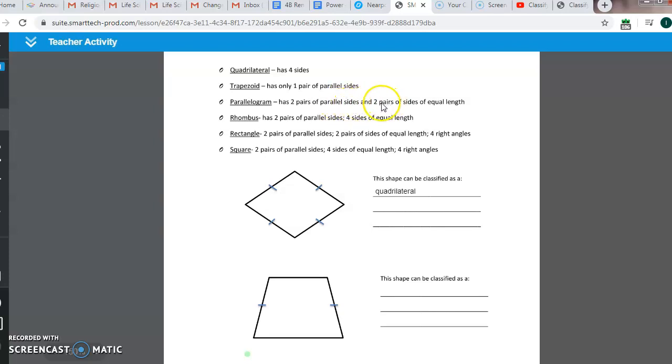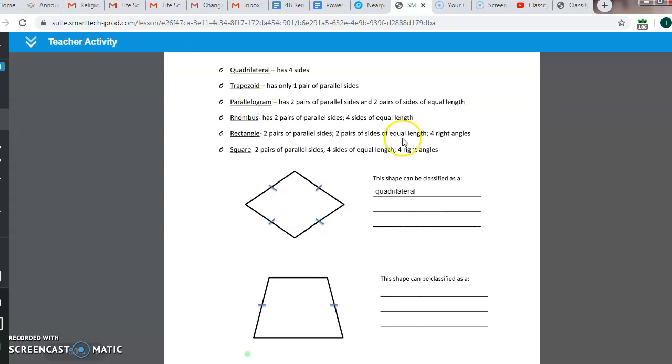Parallelograms also have 2 pairs of sides of equal length. To know whether our sides are equal in length, we have to look at the little blue tick marks. If you notice, the top right line, the top left side, and the bottom 2 sides all have 1 tick. What that means is all 4 of these sides are equal in length.